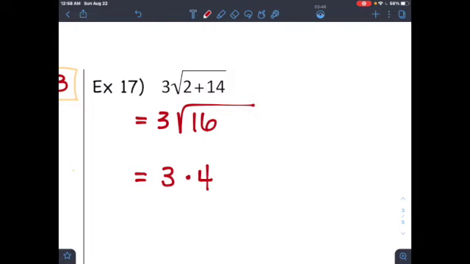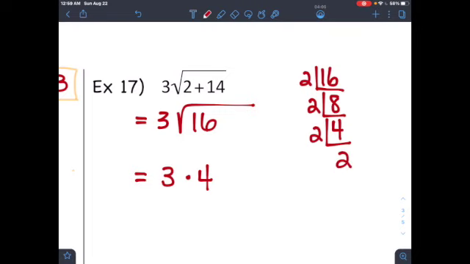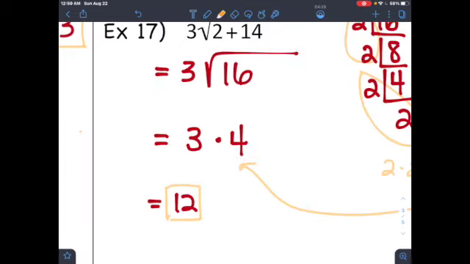If you cannot remember, there's a way you can break it down. You can do 16, divide by 2 because it's an even number, that gives you 8. Divide by 2 again, that gives you 4. Divide by 2 again, that gives you 2. Divide by 2 again, that gives you 1. So now you have 1 pair, 2 pair, that's going to be 2 times 2, and that's where your 4 comes from. Your final answer will be 12.